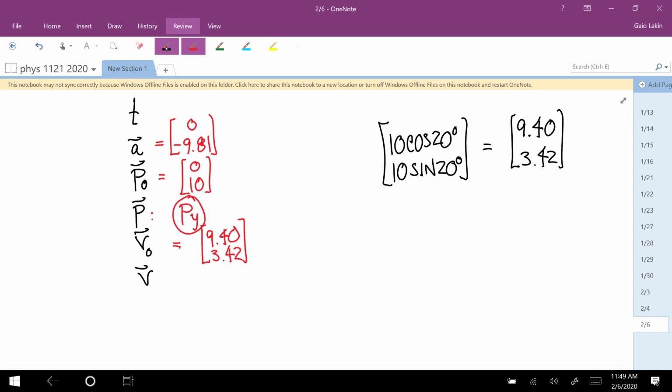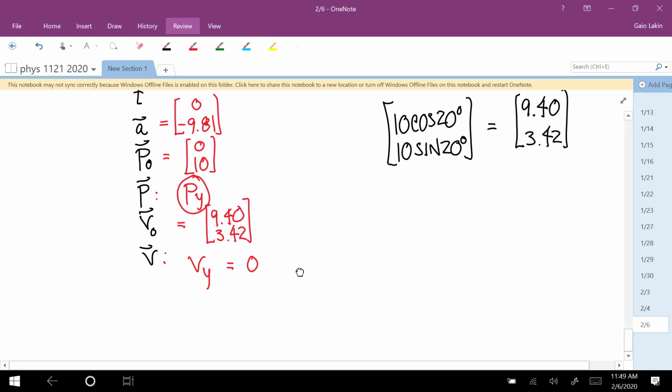And then finally, the velocity at time t, we don't know what, well, really secretly, we know that the x component of the velocity is going to be the same that it was at the start, 9.40, but don't put that in. The one that we are going to use, though, is that Vy is equal to 0. Okay.